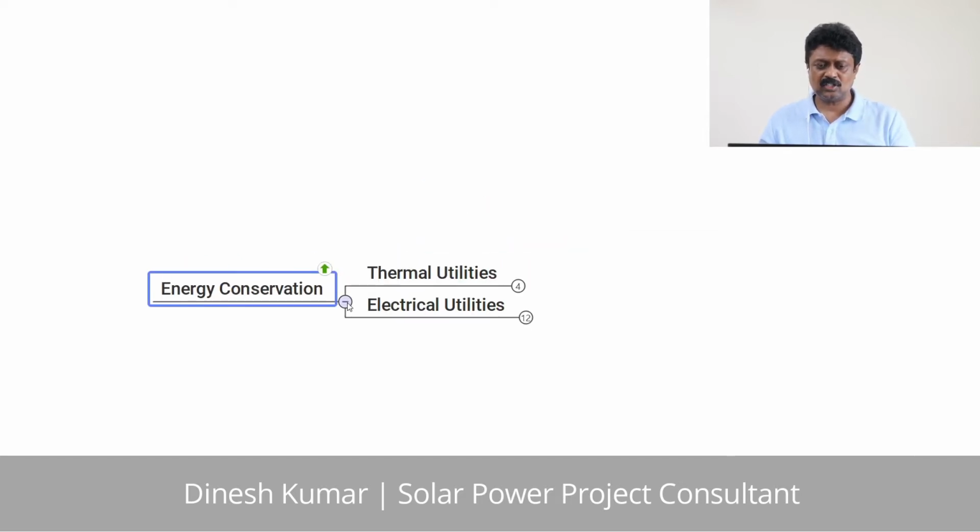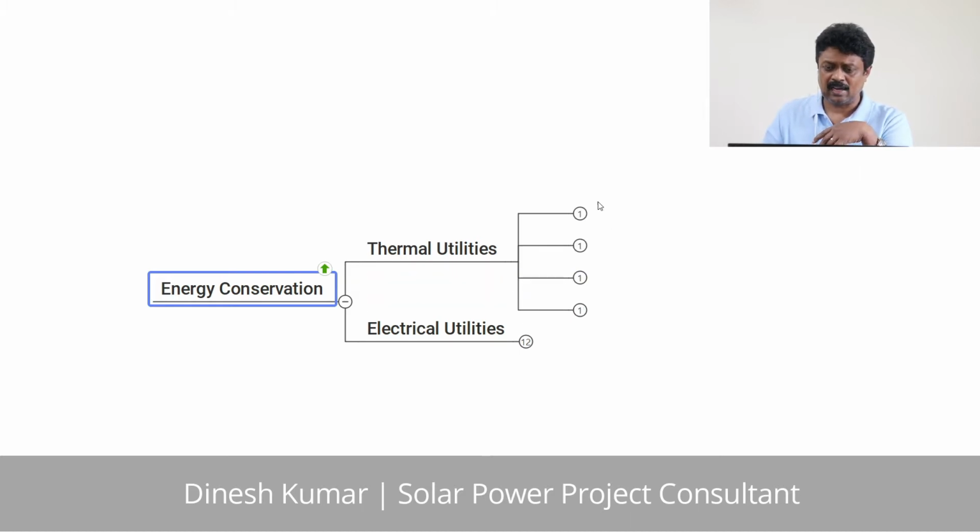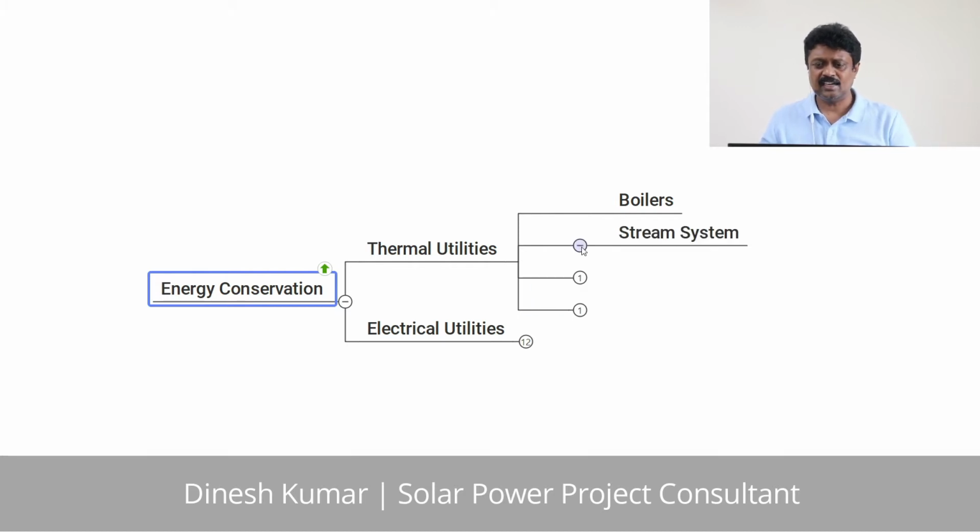Now getting into energy conservation, what all can we do? We can have two things. One is the thermal utility. If you are using a thermal utility, you could be having boilers, so optimize the boilers in terms of how you conserve the energy there. And if you're using steam systems, how you can optimize that.